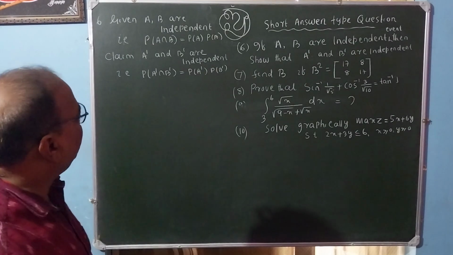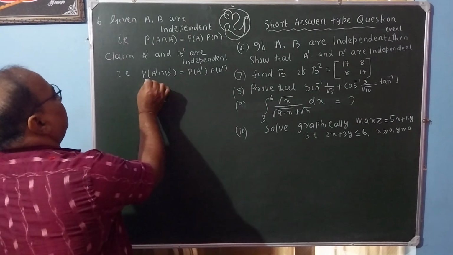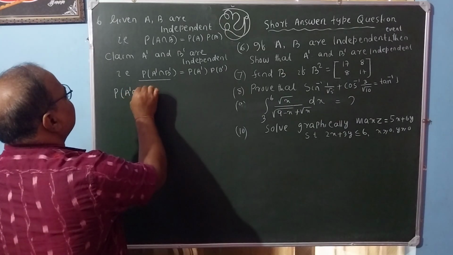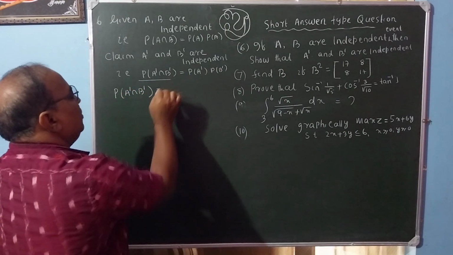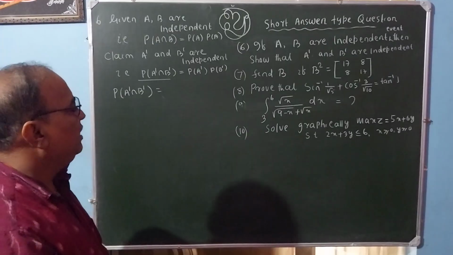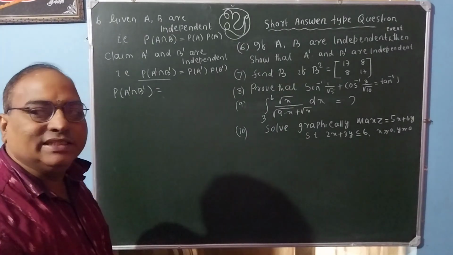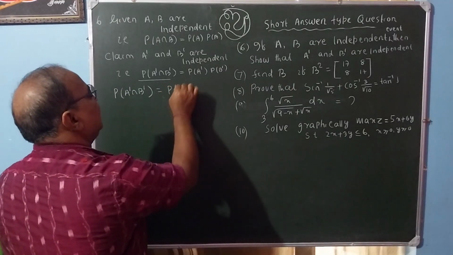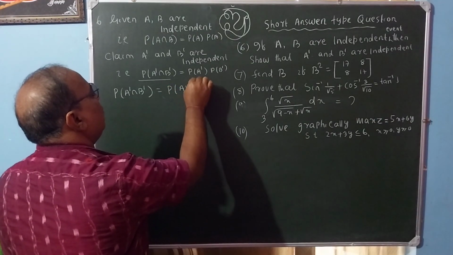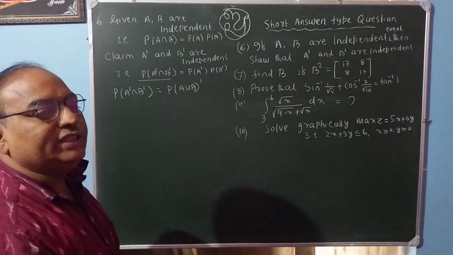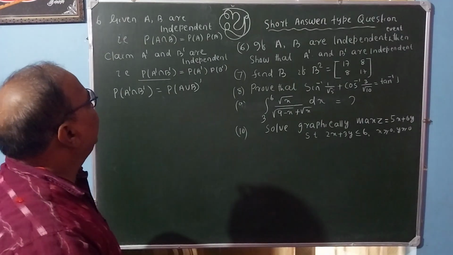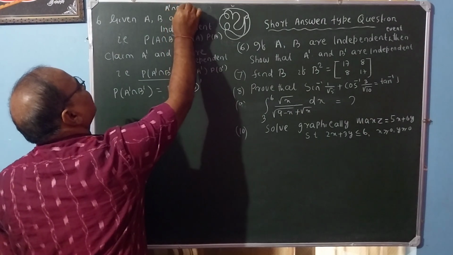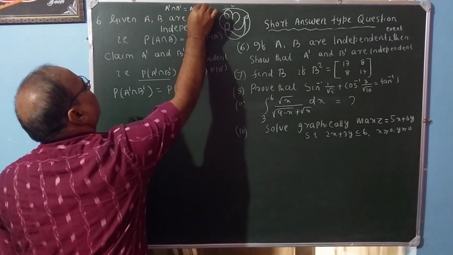So how can you prove it? Write down probability of A dash intersection B dash. We know from De Morgan's law, A dash intersection B dash is equal to A union B whole dash. So it is A union B whole dash by using De Morgan's law.